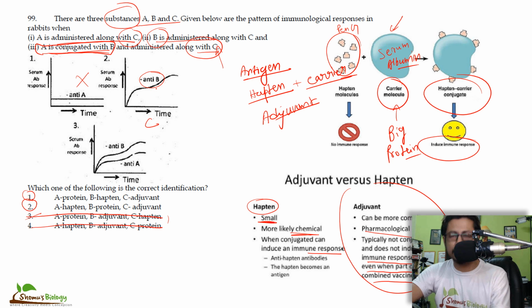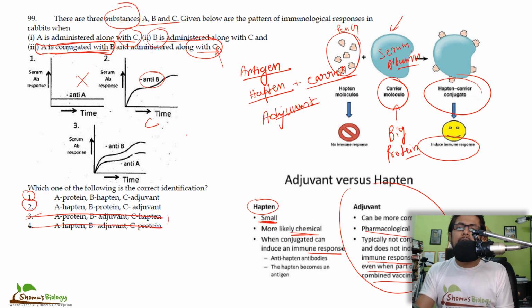So what we can see is, when B is there in the presence of C, there is a response, and the response is possible only with big molecules. The immune response is generally induced by a bigger molecule, not by the hapten alone. Hapten is a small molecule, which cannot elicit an immune response on its own, right? And we know C is not the carrier, so obviously B is not hapten.